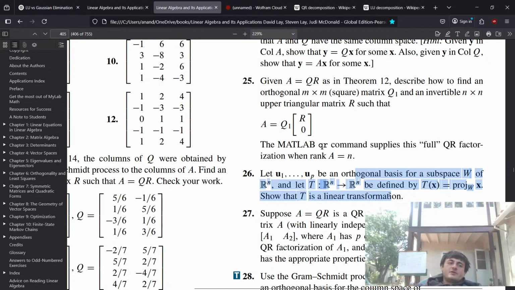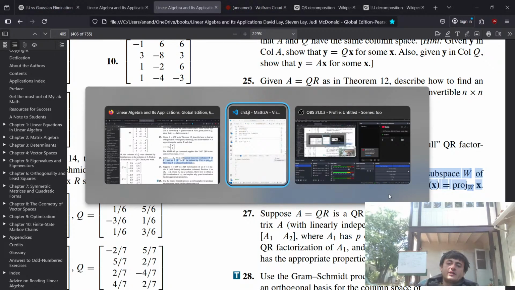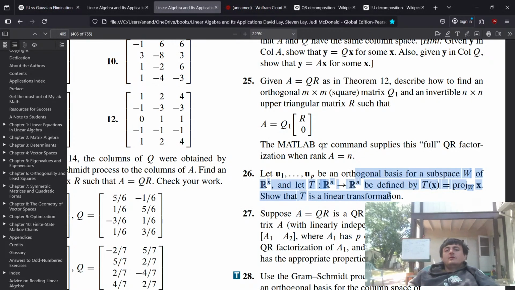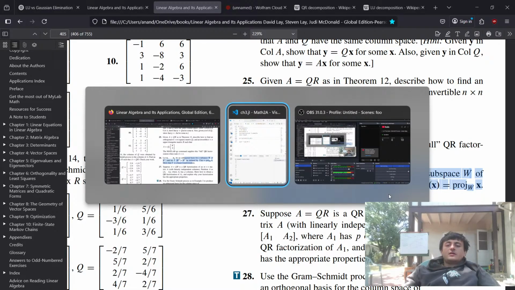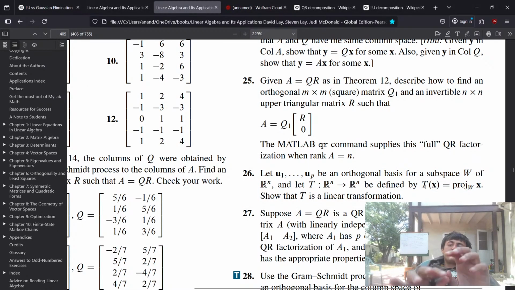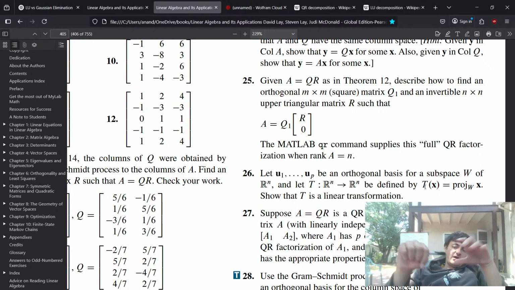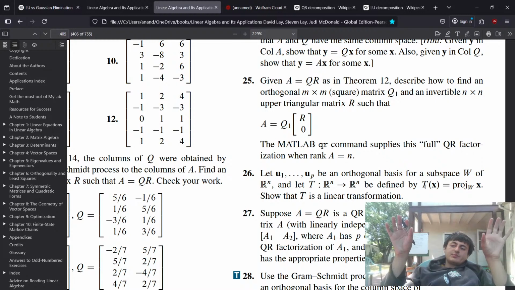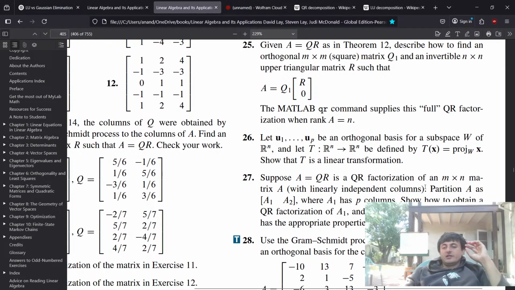What this one amounts to is you take ax plus by and you feed it in here, and you show that you're able to separate them out into two separate linear combinations, i.e., two separate projections. So then you show that T of ax plus by is equal to a times proj under W of x plus b times proj under W of y, and therefore T is a linear transformation.